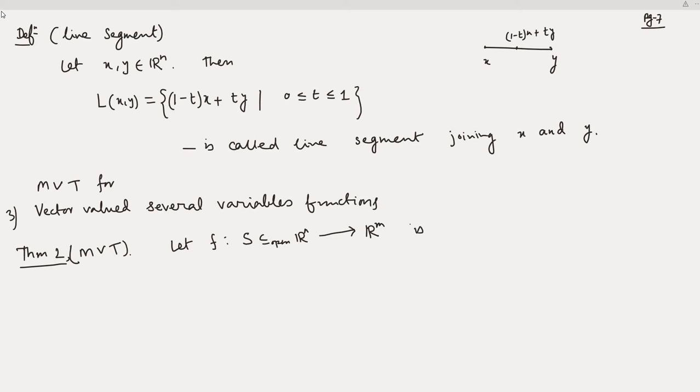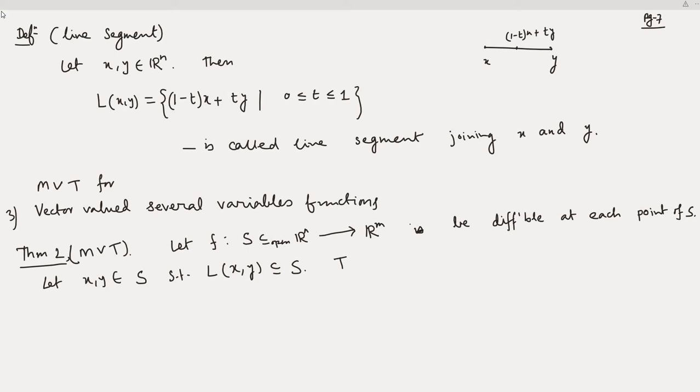Let this be differentiable at each point of S. Furthermore, let x, y belong to S such that the line segment joining x and y, L(x, y), is fully contained in S.